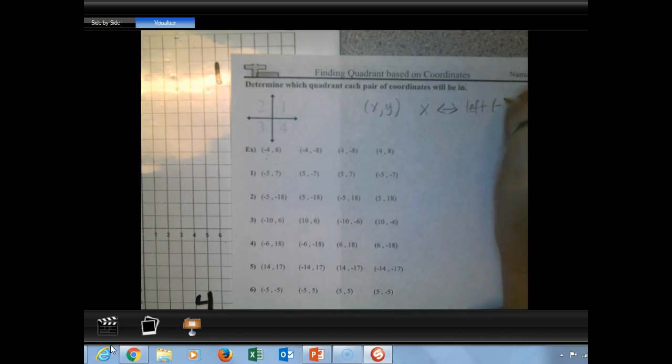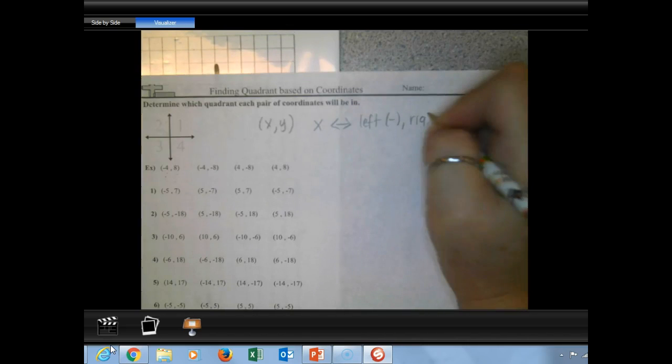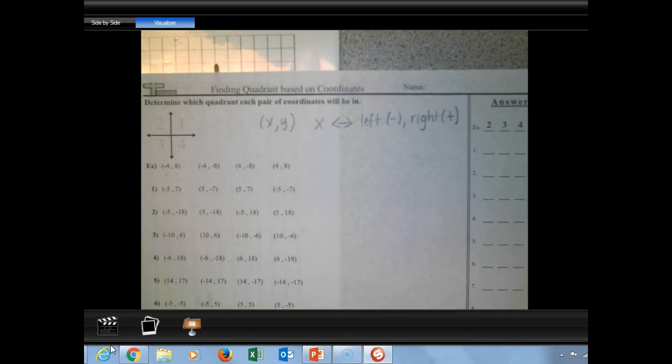Left is a negative number. Right is a positive number. And this information here would be super good to have in your notebook. So if you have your notebook with you, this is something you might want to write in that notebook.